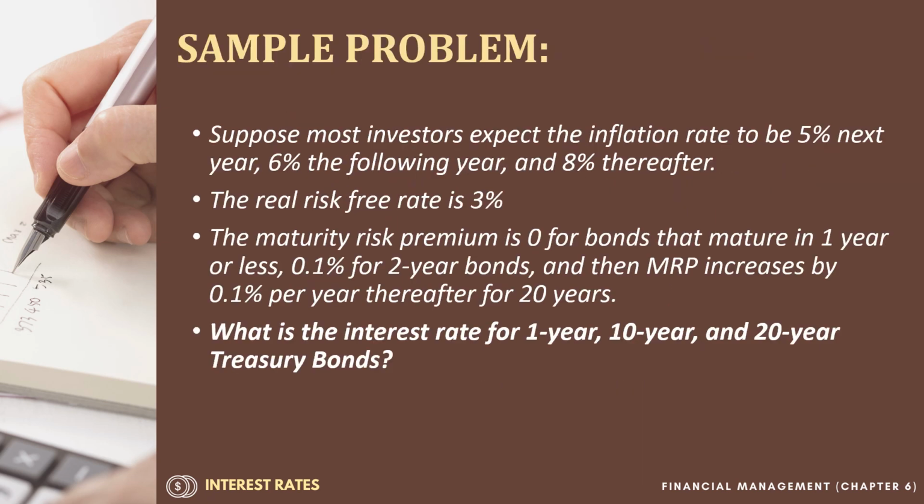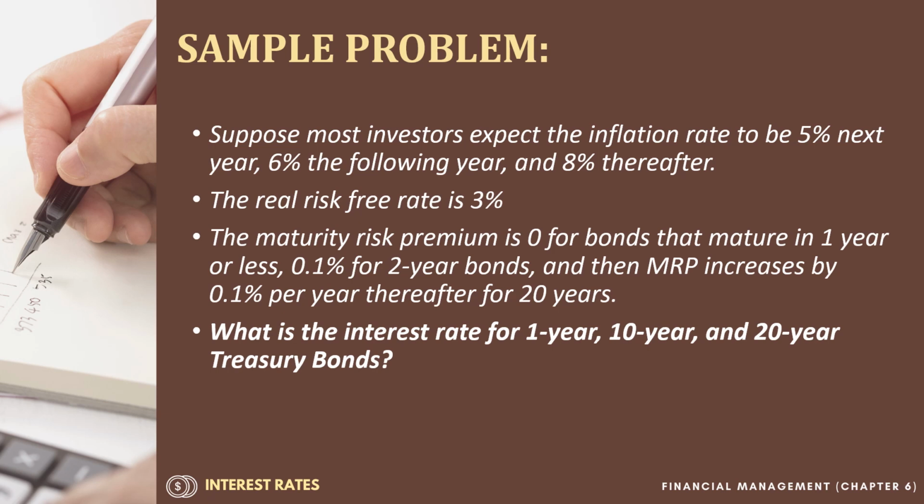Now let's have a sample problem for that topic. Suppose most investors expect the inflation rate to be 5% next year, 6% the following year, and 8% thereafter. And the real risk-free rate is 3%.